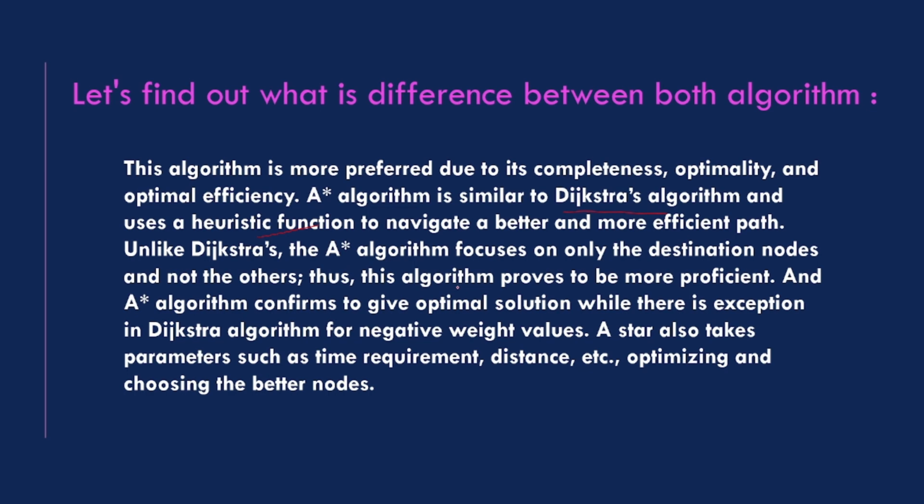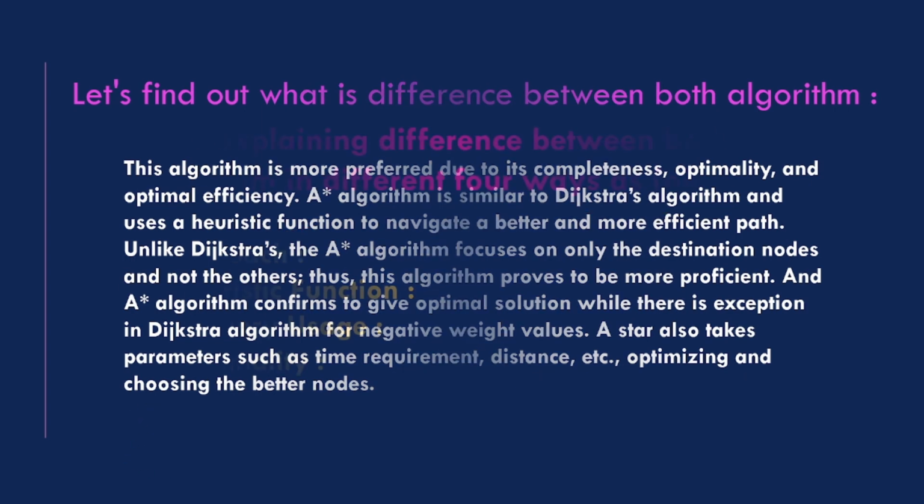Thus, it proves to be more proficient, and A-star is guaranteed to give an optimal solution, while Dijkstra's has an exception for negative weight values, as you know. A-star also takes parameters such as time requirement, distance, etc., optimizing and choosing the better nodes.